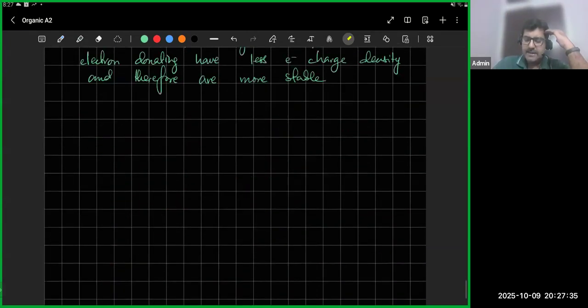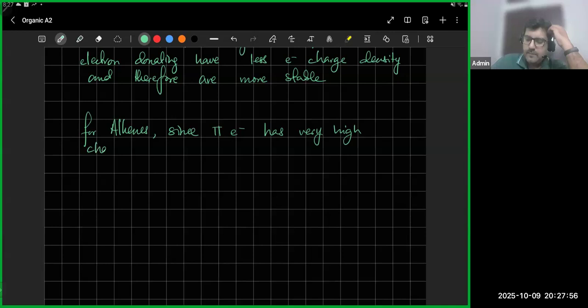So let's add that. For alkenes, since the pi electron cloud has very high charge density, polarizing the electrophile is very easy.